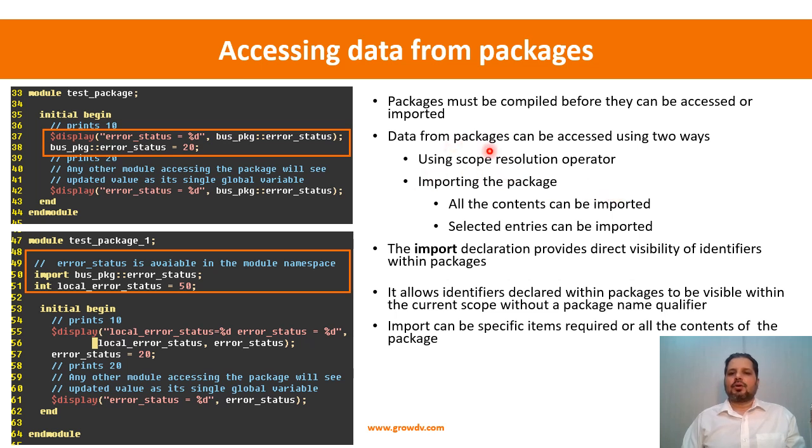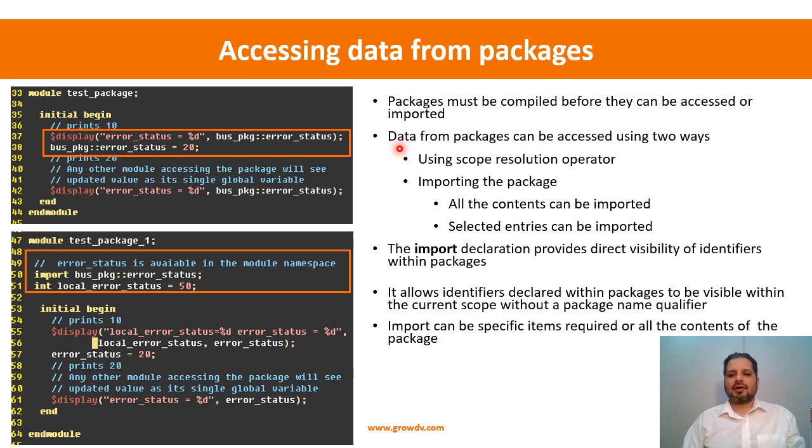One is you can use a scope resolution operator. For example, in this first top left corner example, we have module test package, and we have an initial block, and within that I am displaying the error status value. This will just display whatever value we have initialized in the package.